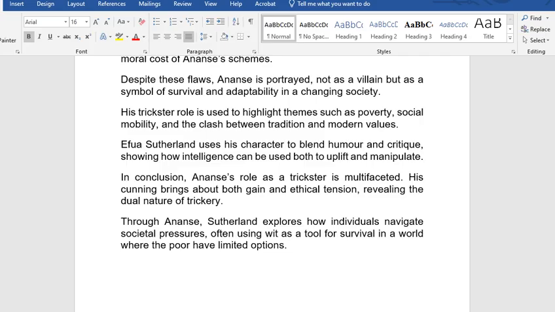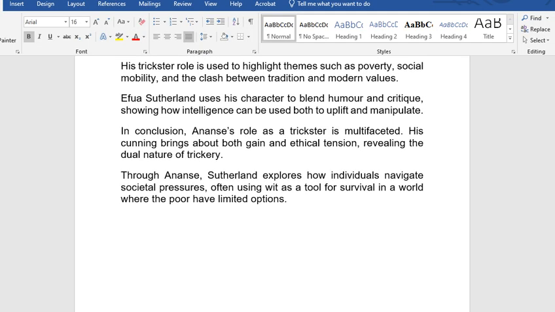Sutherland uses his character to blend humor and critique, showing how intelligence can be used both to uplift and manipulate. In conclusion, Ananse's role as a trickster is multifaceted. His cunning brings about both gain and ethical tension, revealing the dual nature of trickery.